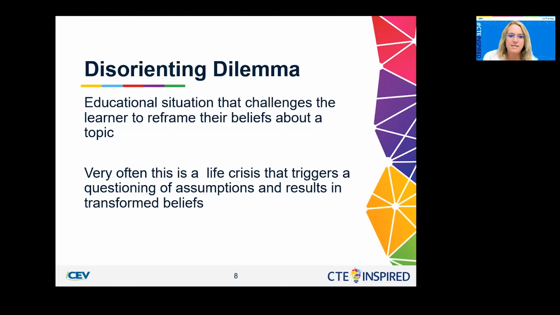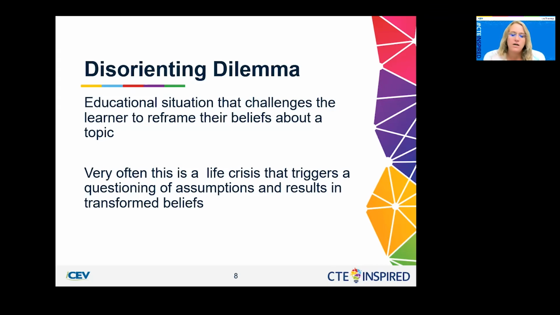But what about this idea of returning to civilian life from prison? It can be a very overwhelming, very stressful time for our offenders. So if you're not able to cope with those things, then you're going to feel like you're plunged into this area of chaos. And so that's what creates this disorienting dilemma.